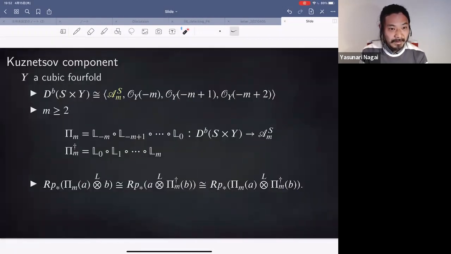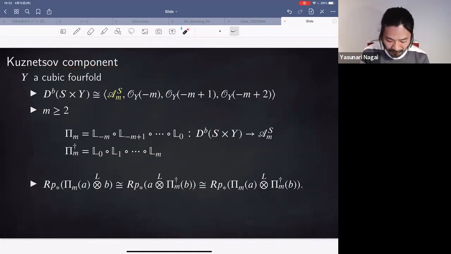And this is a relative description of the Kuznetsov component of a cubic fourfold. So we have these three consecutive twisted structure sheaves, and it is left, right. It is really hard for me to memorize, but the orthogonal component is the definition of the Kuznetsov component.